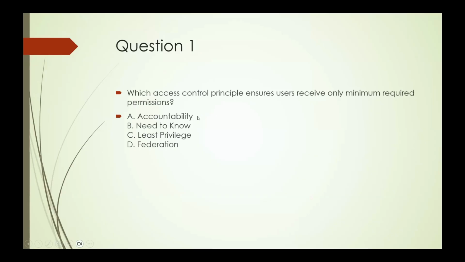Accountability is being responsible for what you do, so it is not related. Need to know is why you want that access, so no. Least privilege ensures users receive only the minimum access required. You can pick this answer. Federation is in no way related. Least privilege reduces attack surface and insider threats, so least privilege is the answer.